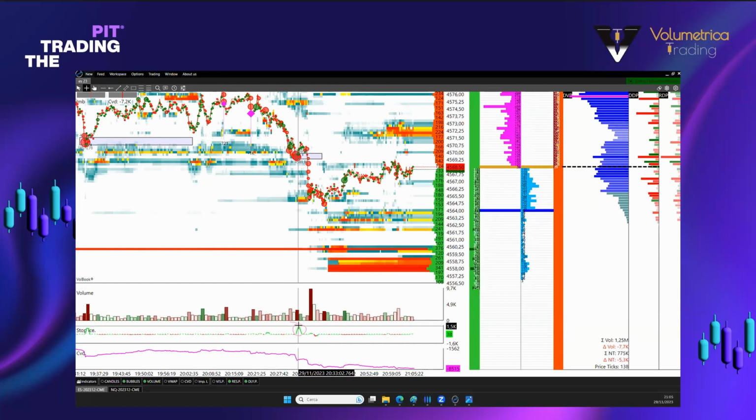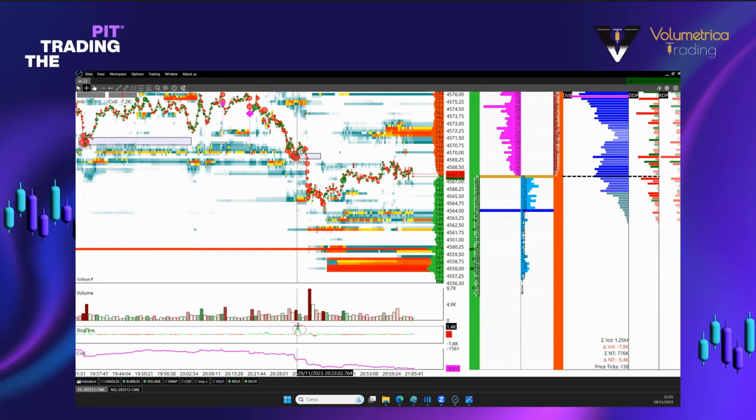And if you just measure with the cursor the top of the peak, here on the right you can read 1.4K, and that gives you the number of the contracts involved in the iceberg dynamic.